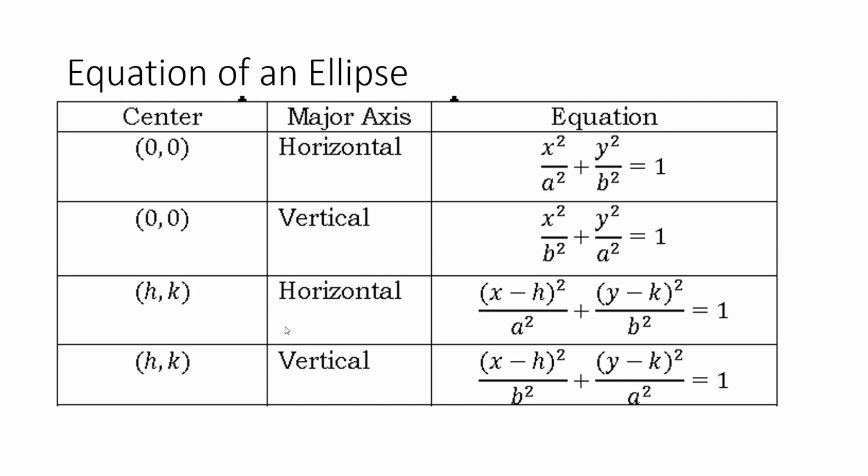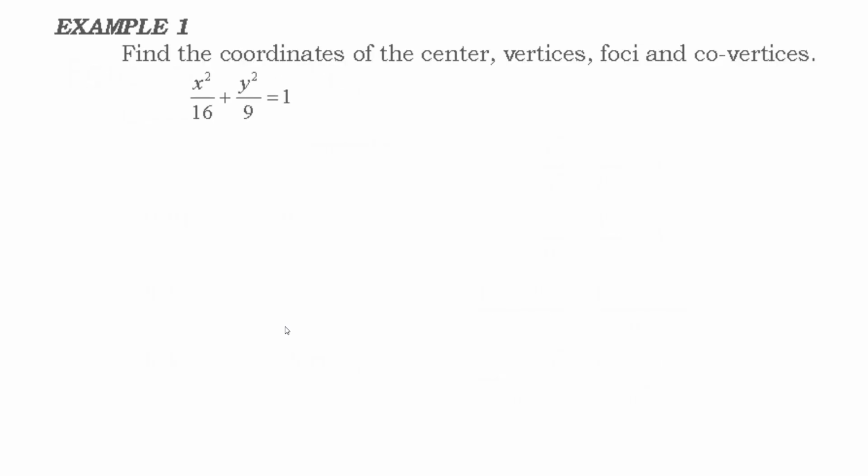Now, let's have example. Okay, example number 1. Find the coordinates of the center, the vertex, the foci, and co-vertices. Okay, we have x squared over 16 plus y squared over 9 equals 1.